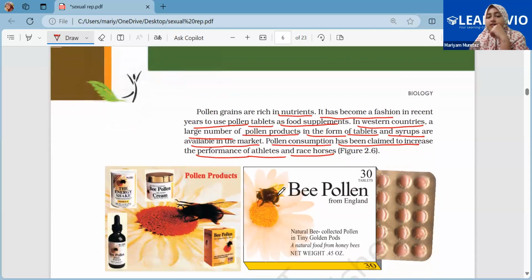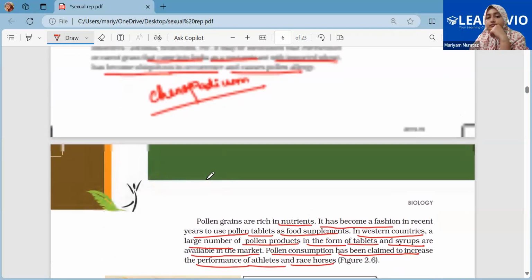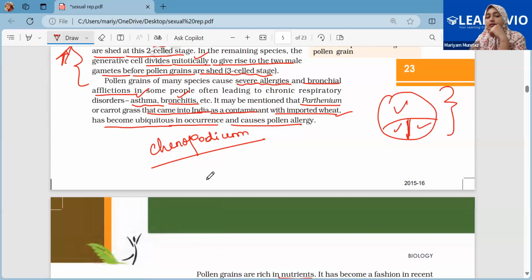Ma'am, will they ask us to give examples as well? Yes, maybe examples can be asked. If you don't want to remember everything, this one must be remembered: Parthenium. The examples are necessary because biology works on examples only.